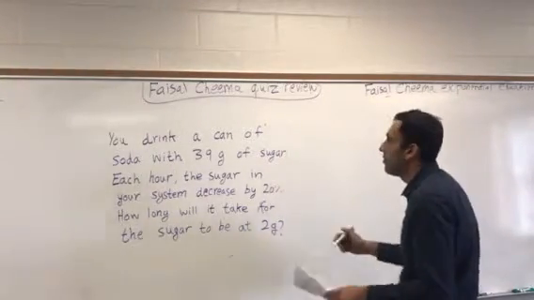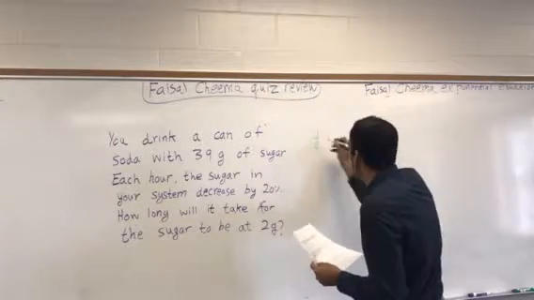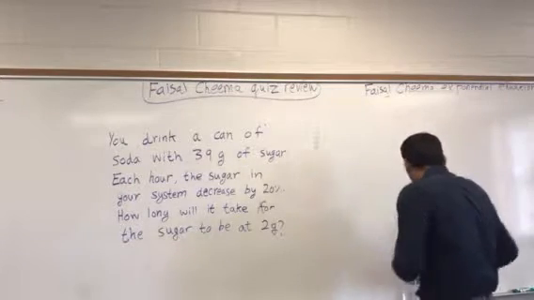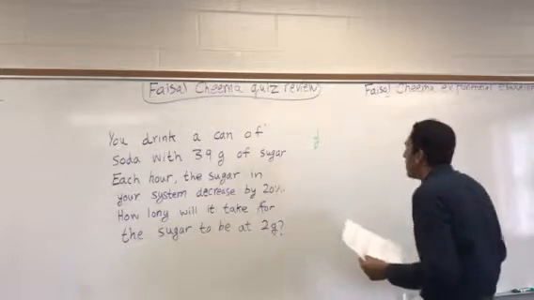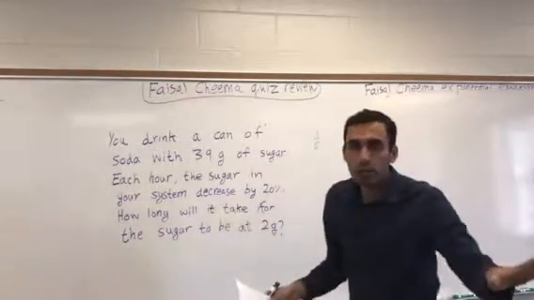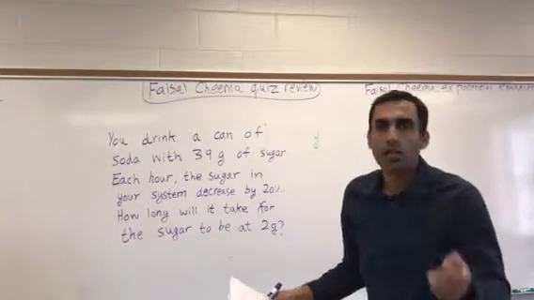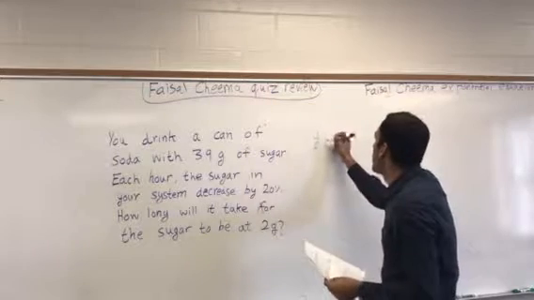Okay, anyways, moving forward. So you have y, which is the amount of sugar in your system. At the starting point, when you just drank the soda, the amount of sugar in your system is 39 grams.